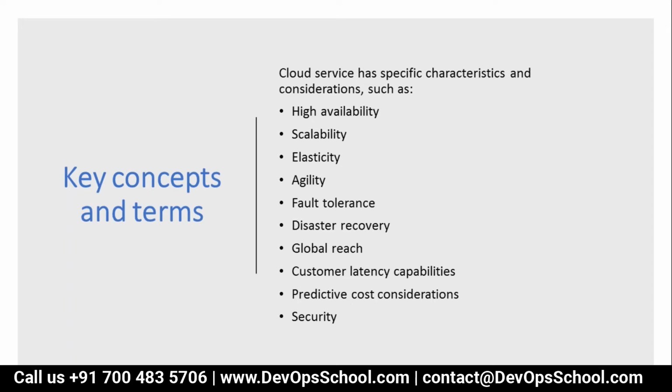What do you mean by fault tolerance? It means the service provides us availability at 99.99%, because there would not be any unavailability in the application you deploy in the cloud.